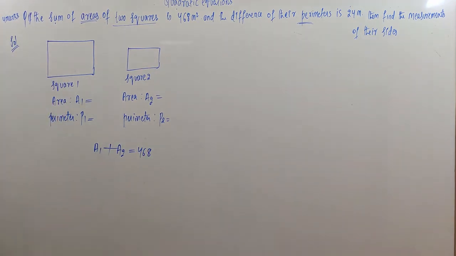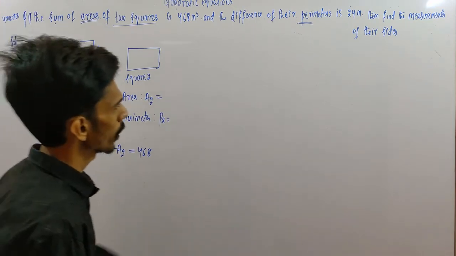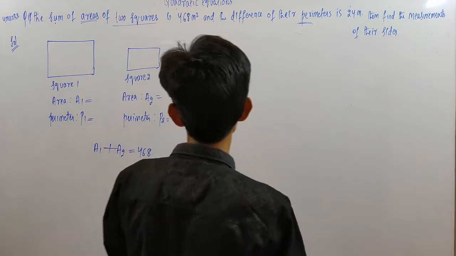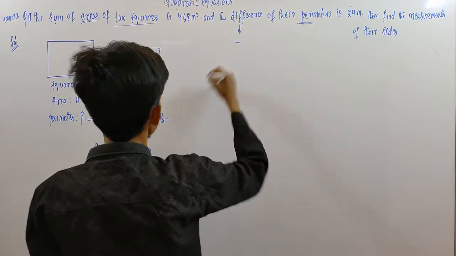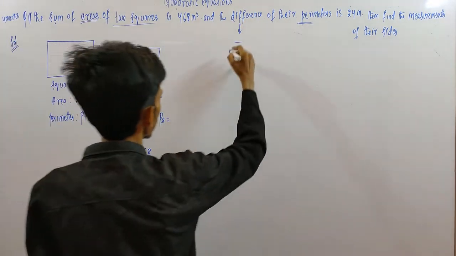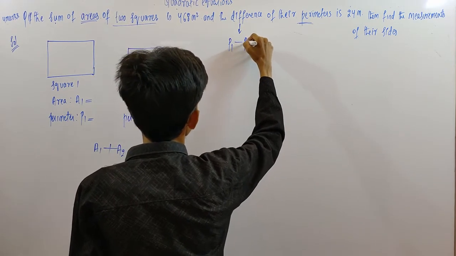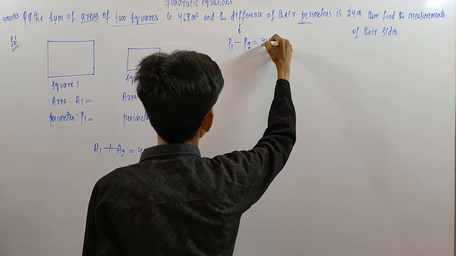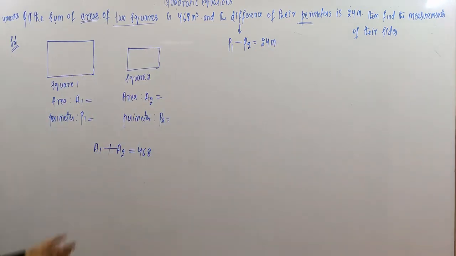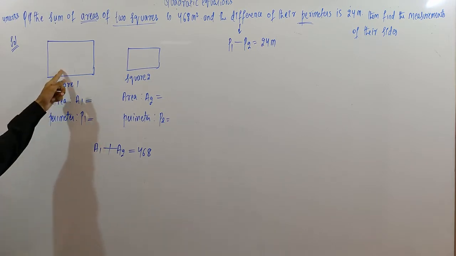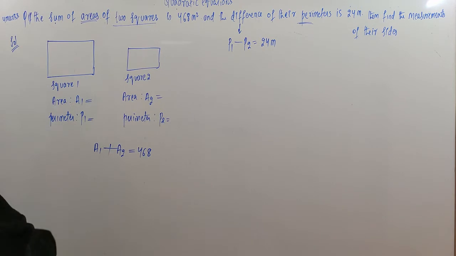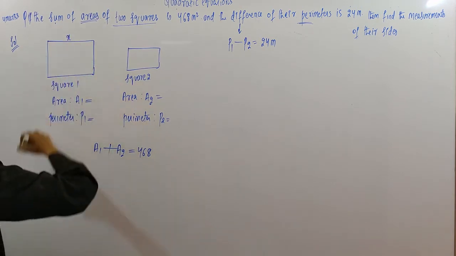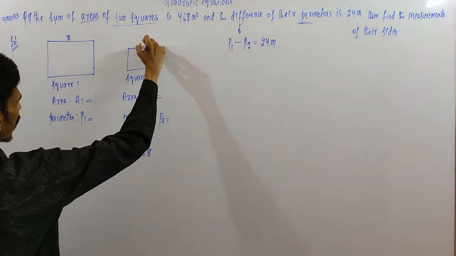Sum of this area is 468. And one more equation is difference of their perimeter. Difference means minus. So perimeter P1 minus P2 is equal to 24 meter, assuming that P1 is the bigger square. Now area of a square is side into side. Let us suppose the side of this square be x and the side of this square be y.